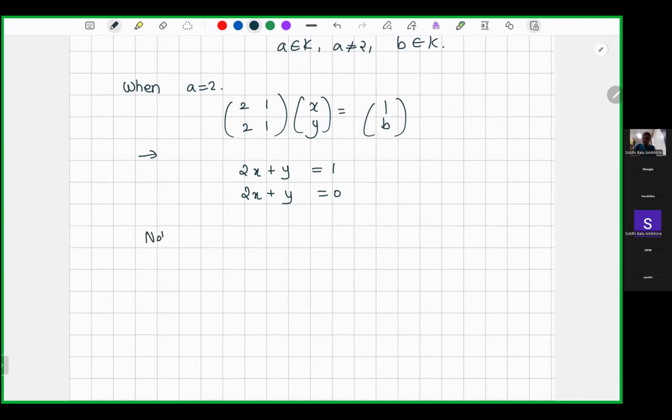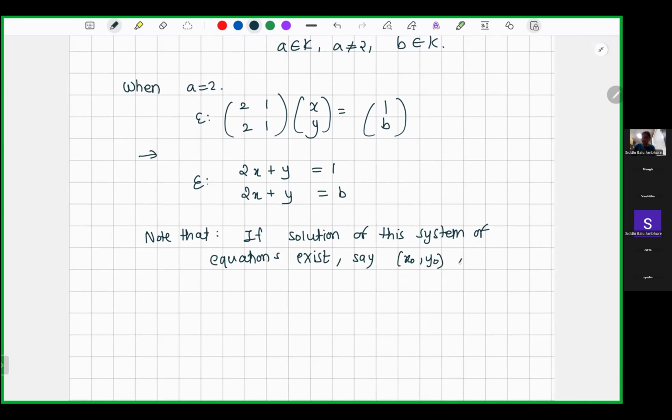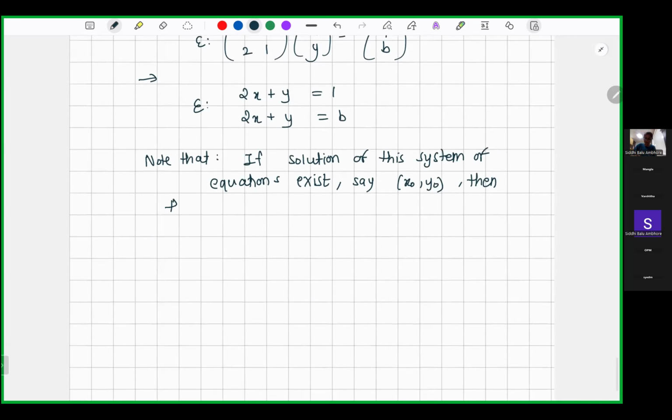Note that if a solution of this system of equations exists, say x naught, y naught, then it will satisfy both the equations simultaneously.